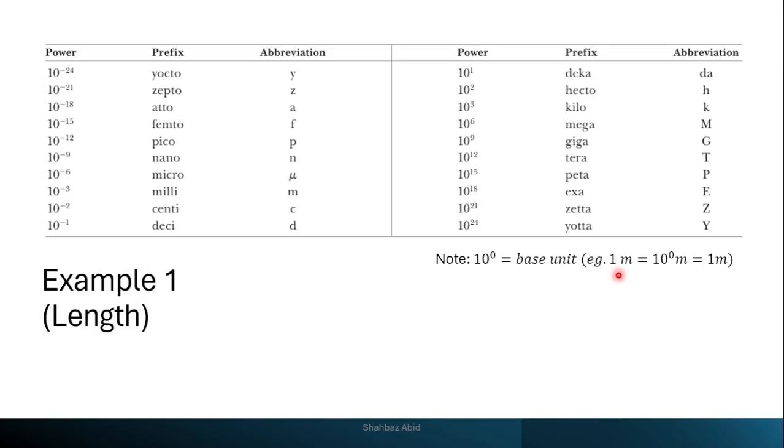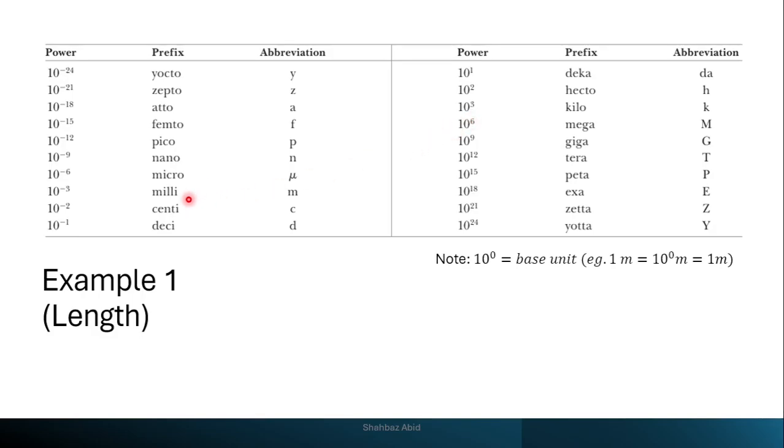Let me give you an example. 1 meter of base unit is equal to 10 raised to the power 0 of the base unit. 10 raised to the power 0 is equal to 1, so it is equal to 1 meter. Before we move to the example, let us understand this table. 1 kilo of a base unit is equal to 10 raised to the power 3 of the base unit.